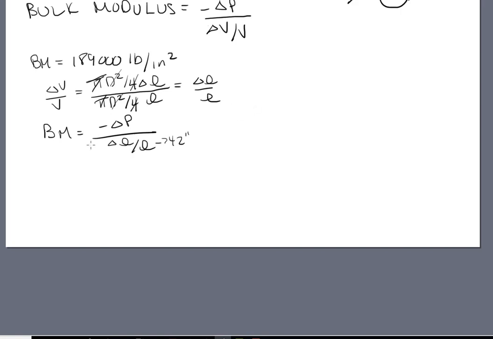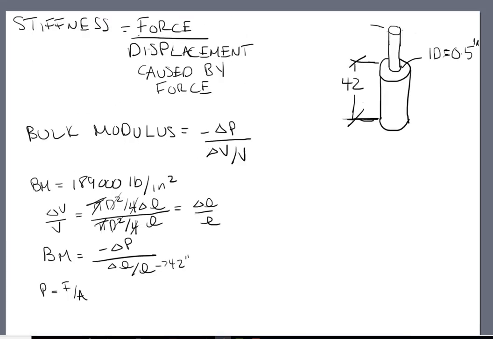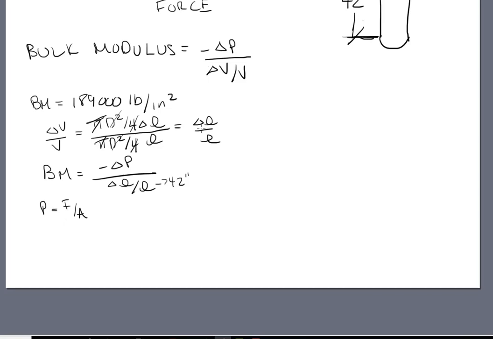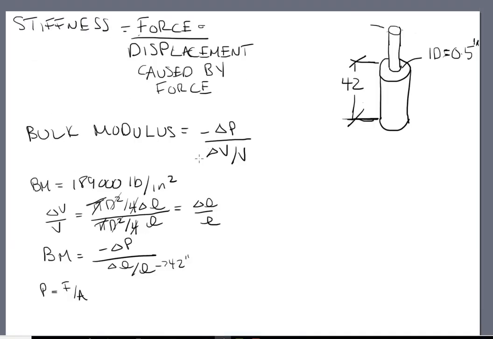Well, P is equal to force over area. And that's one of the terms we're looking for up here, force. So that's interesting. We happen to know the area, because the area is pi d squared over 4, where d is equal to 0.5 inches.